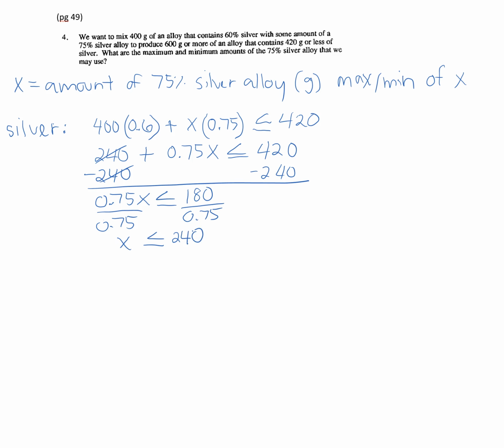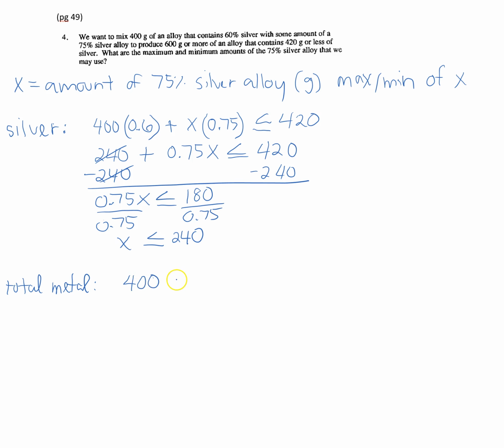So that's what I get from this first inequality, but we can write another inequality based on the total grams of metal we get from adding our two alloys. So this is total metal. From our first alloy, the 60% one, we're taking 400 grams.